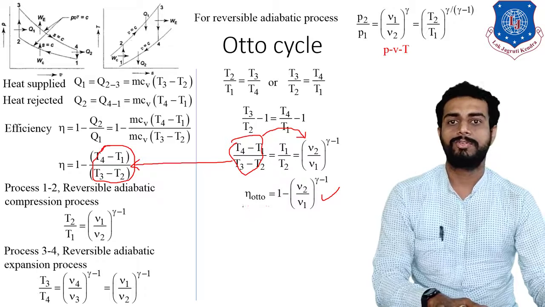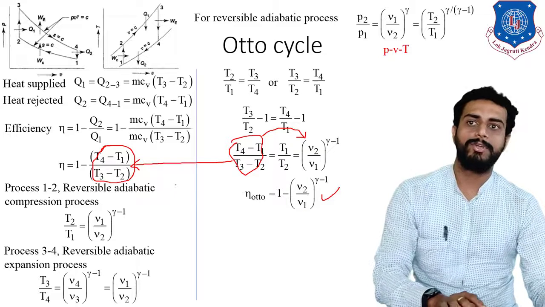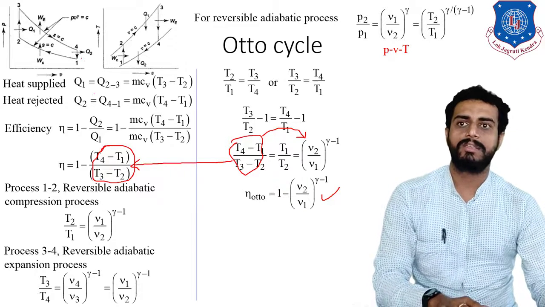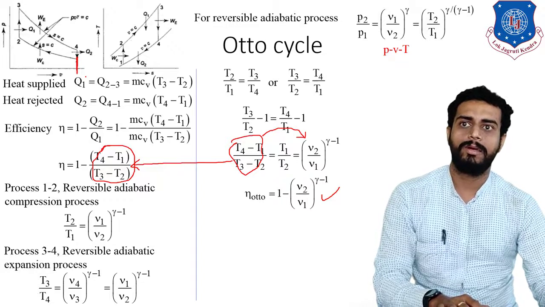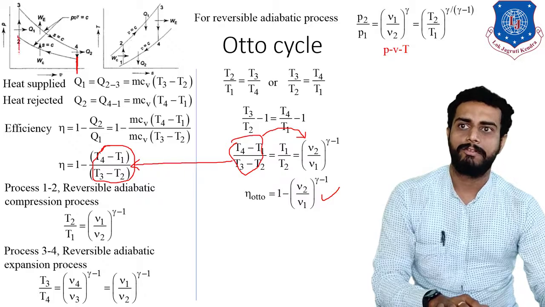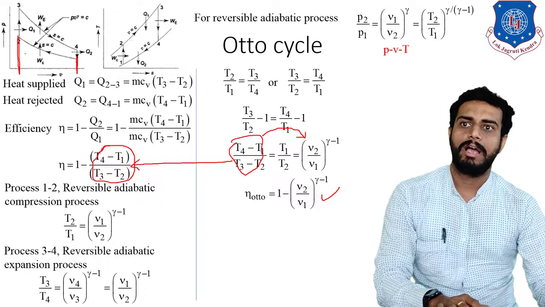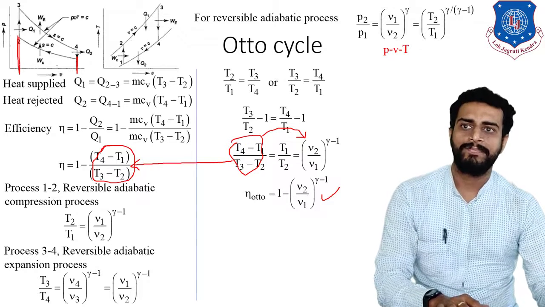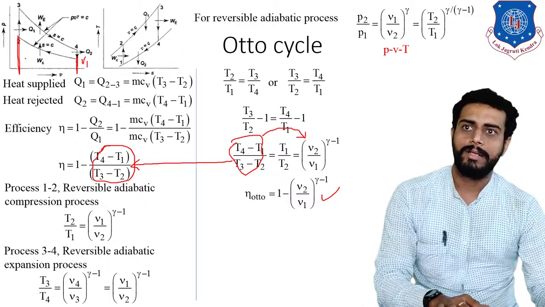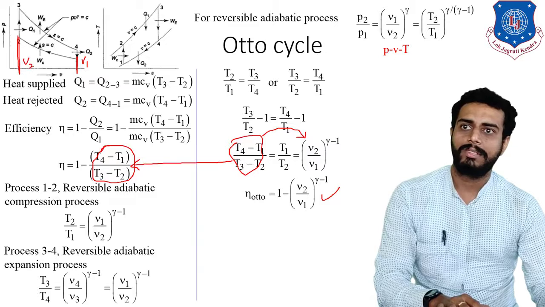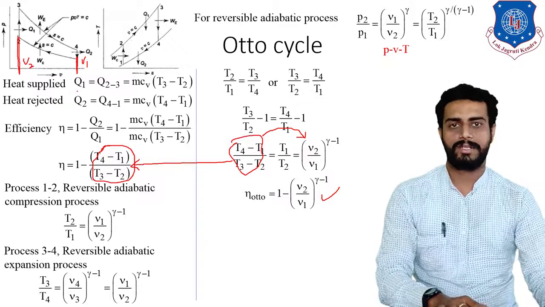Here, one thing you should note, that V1 and V2, see, observe the PV diagram. V1 is the volume before compression and V2 is the volume after compression. Okay, so if you take the ratio V1 divided by V2, then that ratio is known as compression ratio, students.